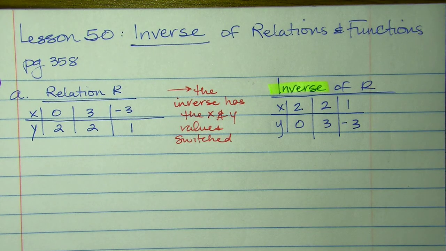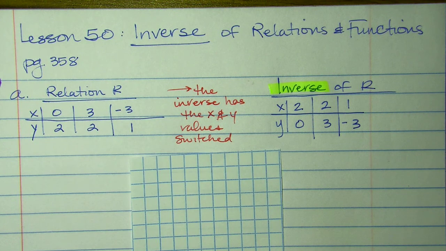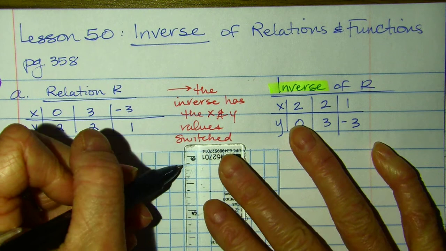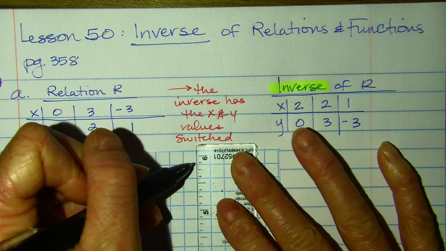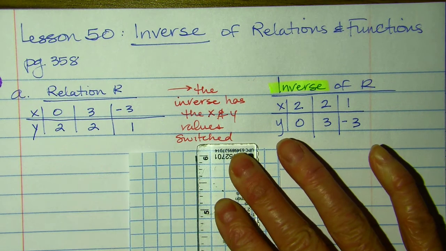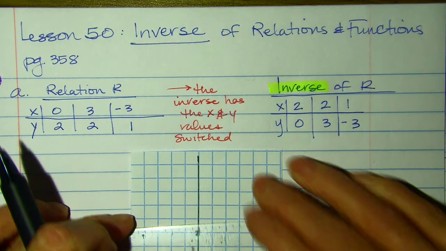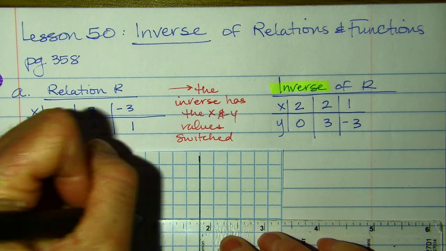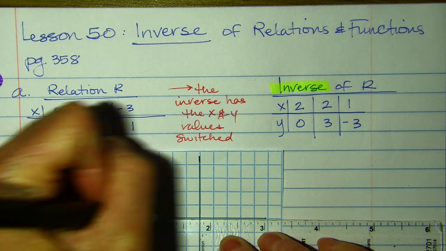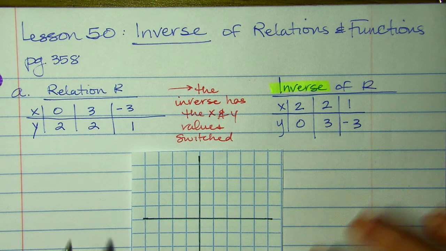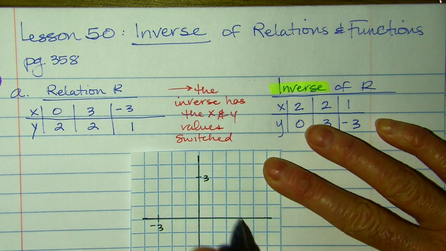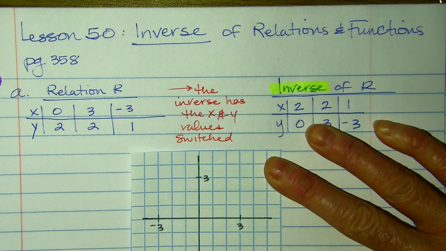Really simple, okay? They'd like us to graph the two, so that is what we're going to do. I'm going to put it here and here, and then we'll talk about their graphs. So here is negative 3, 3, 3, negative 3.